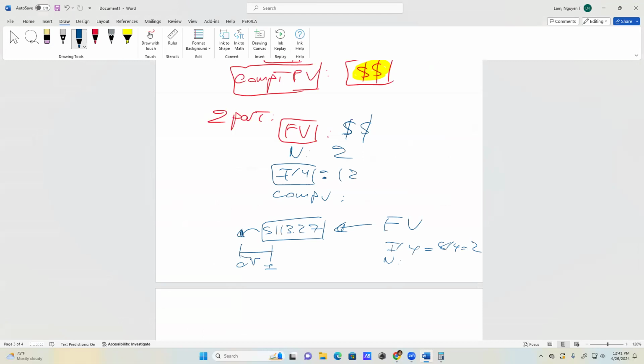So in a year, it's quarterly, right? So it's 4 periods. That's the tricky part. Even though it is 1 year, it means 4 periods. And then after that, you just hit compute present value.